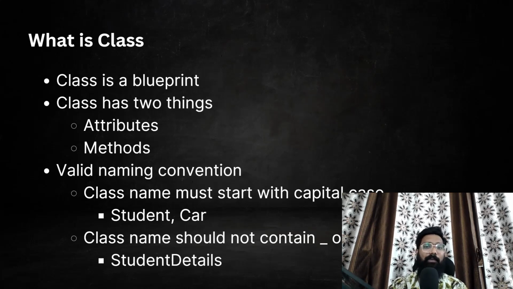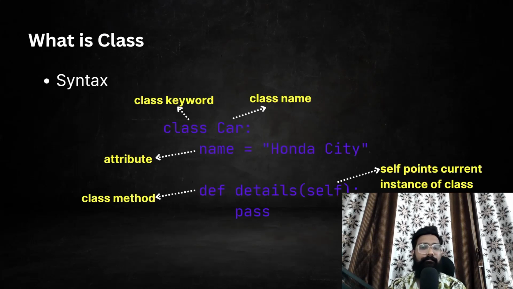Let's see the syntax for a class design. We have a class called Car. So class is a keyword. Car is a class name. It contains two things. One is an attribute and one is a method. Name is an attribute which is equivalent to a variable and details is nothing but the method which is equivalent to a function.